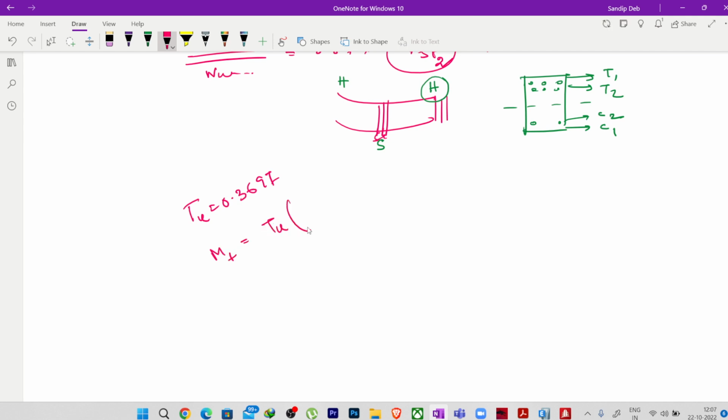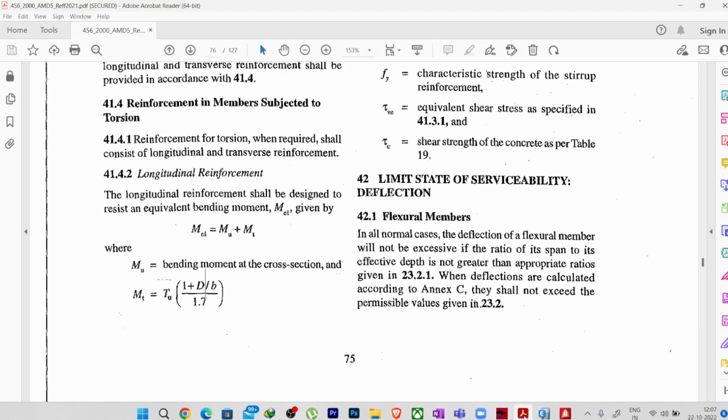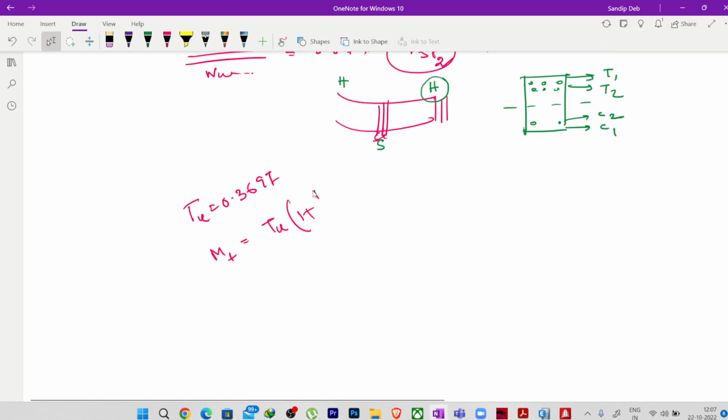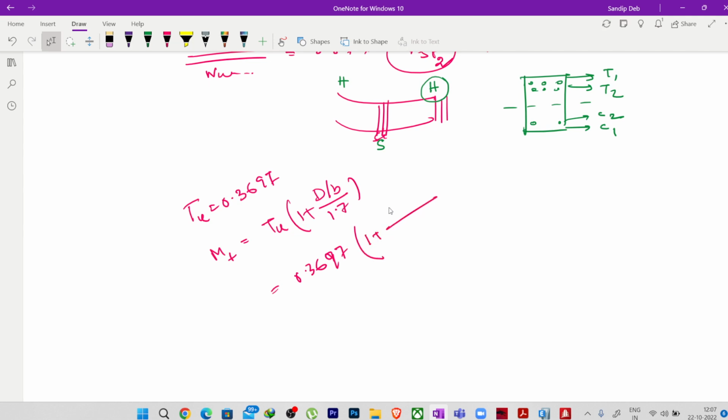It will be Tu times (1 plus D by B) divided by 1.7. So how much is it? 0.3697 multiplied by 1 plus D, which is 350, so I will write it as 0.35 divided by 0.2, divided by 1.7.